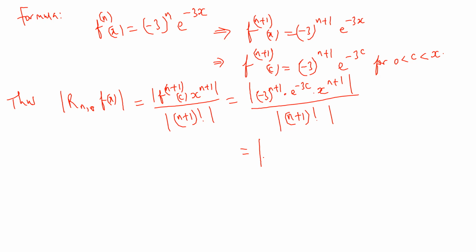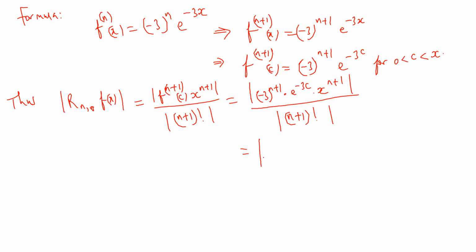So anything that can be done, the n plus 1 and the minus 3 appear common. So we can group the minus 3 to the power n plus 1 with x if we like, and write it to the common power. And then that can be divided by n plus 1 factorial.